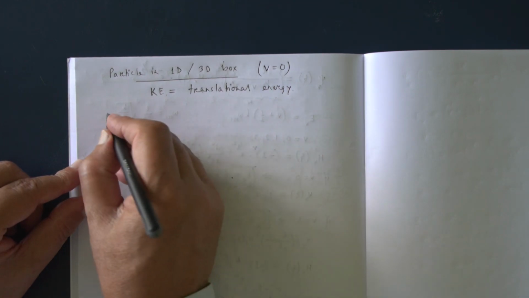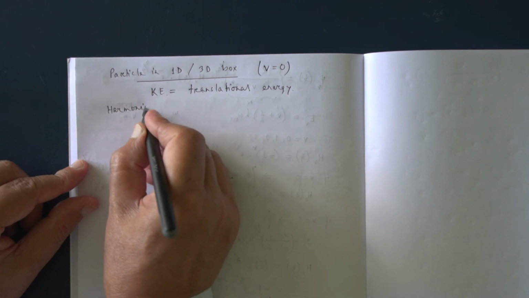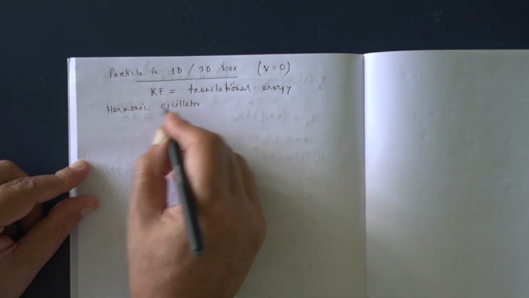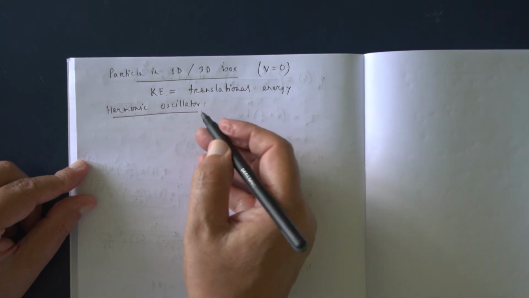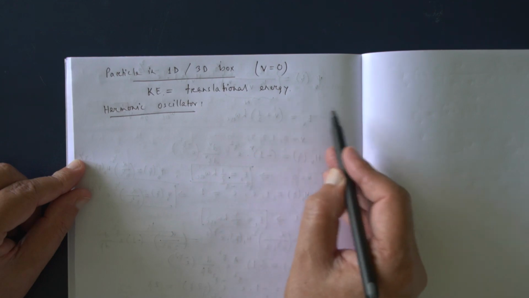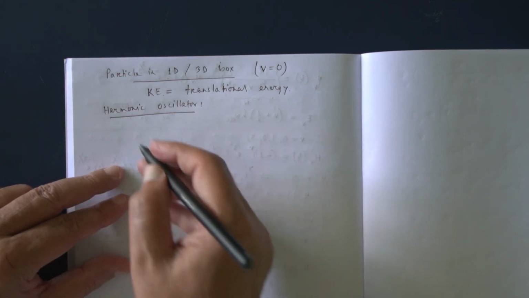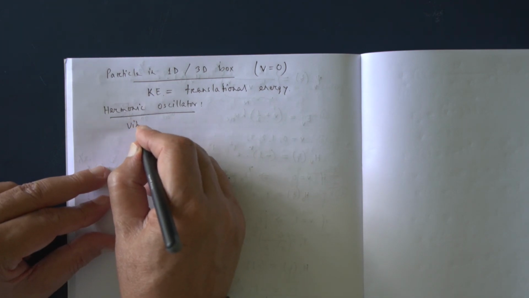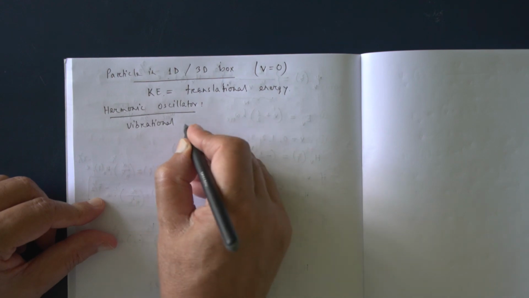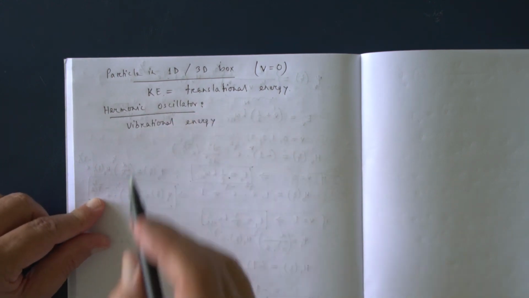But here, in the harmonic oscillator, the particle is executing simple harmonic motion, that means vibration. So here we are getting vibrational energy.